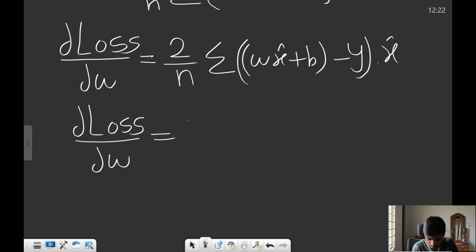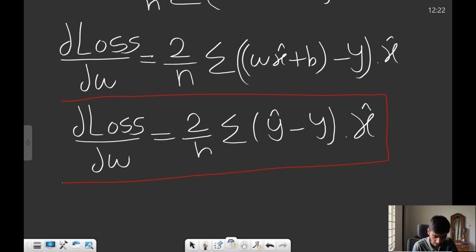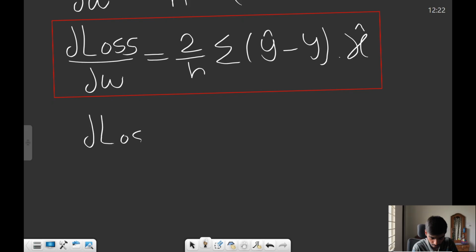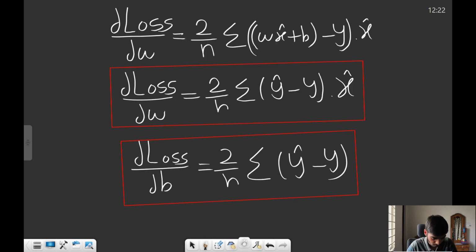We can write this equation as 2 by n into the sum of (y cap minus y) into x. So this is the value of the loss function when differentiated with respect to w. When we differentiate the loss function with respect to b, we simply get 2 by n into the sum of (y cap minus y). So these are the loss function derivative values.